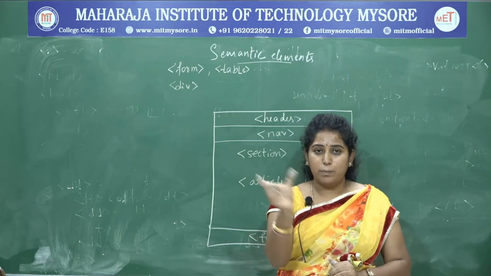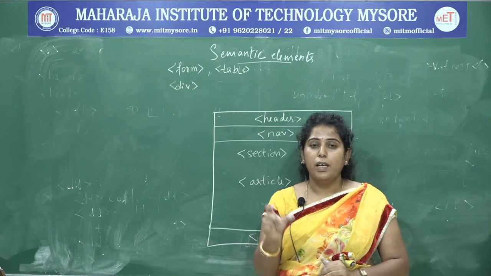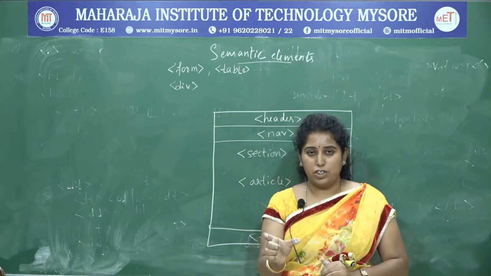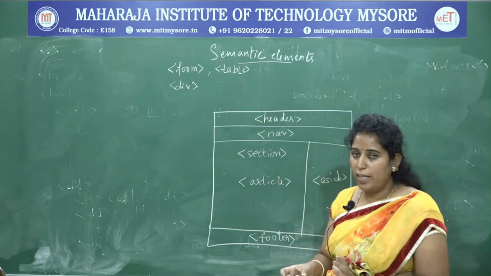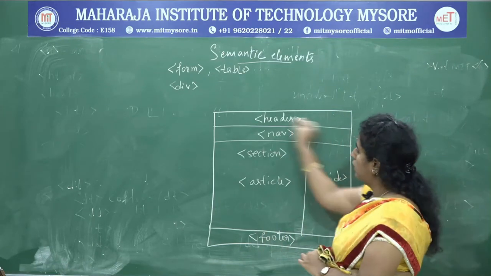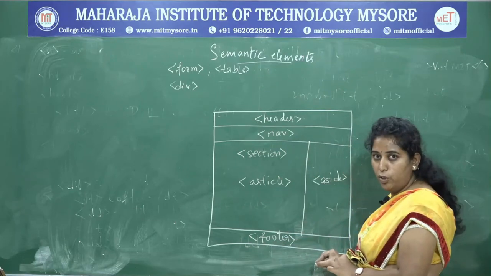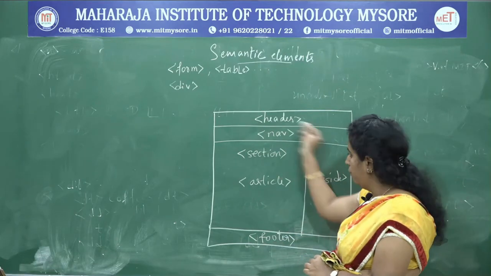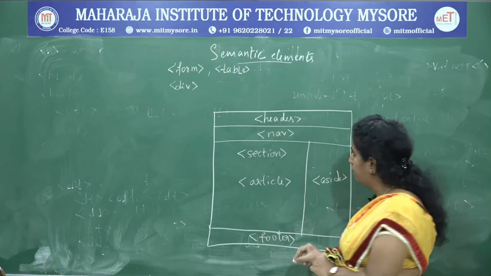So a web page is formatted using a semantic structure. How is that structure formed? In this way. Assume this is a window for a web page.